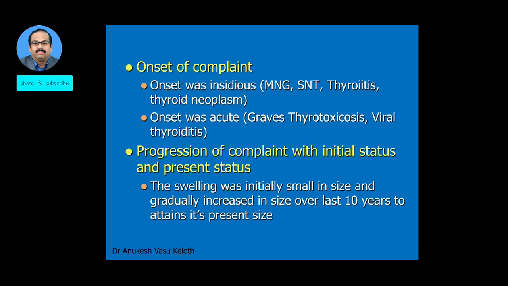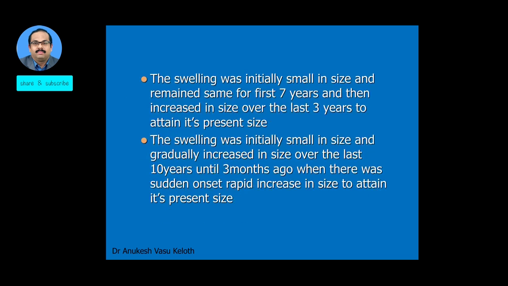A few other options of how you can write this: the swelling was initially small in size and remained the same for the first 7 years, and then increased in size over the last 3 years to attain its present size. This is another way the course could go.